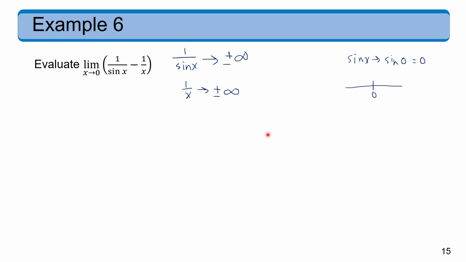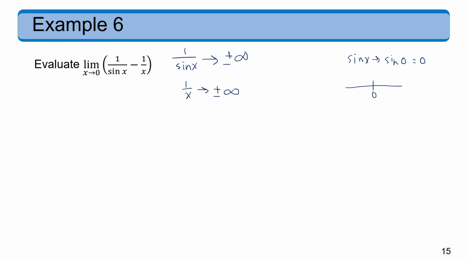If x were coming from the right, the x values would be positive, which means 1 over x would be positive, and we would say plus infinity. But x could also be approaching 0 from the left, where x's are negative. Then the 1 over x's would be negative, which means in that case the limit is negative infinity. So we're going to need to consider left and right limits separately.